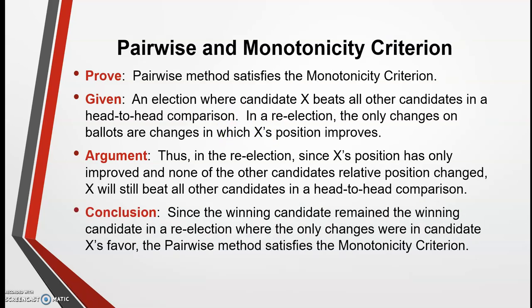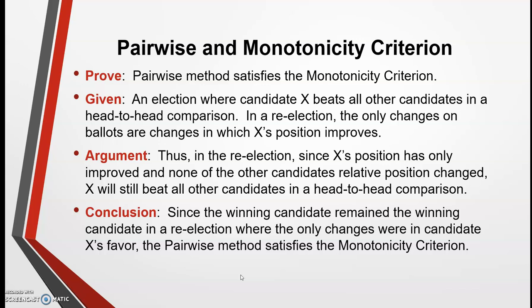Well, what about pairwise comparison and the monotonicity criterion? If we have an election using the pairwise comparison method, then candidate X beat all other candidates in a head-to-head comparison, or at least beat more than anybody else, and the position of X only improves.